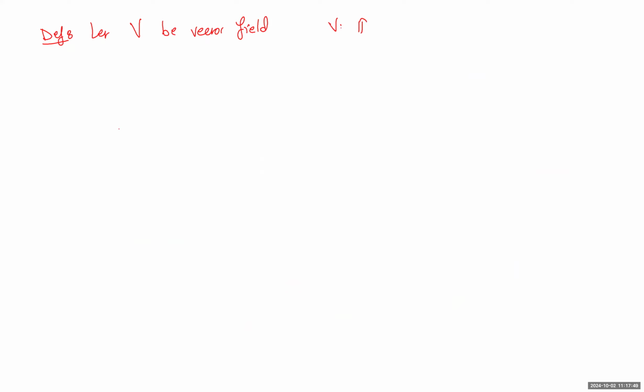It accepts something in R3 and spits out something in the tangent space. So it will spit out something that lives on the tangent space at that point. So VP is an element of the tangent space.